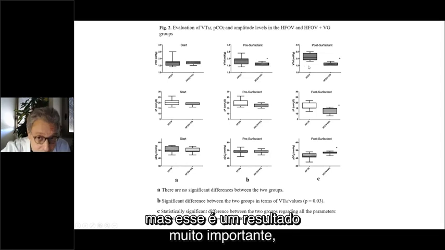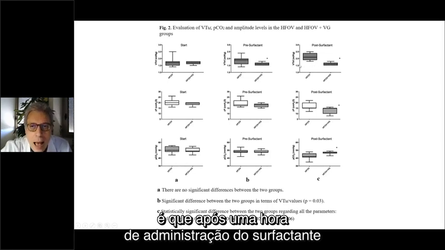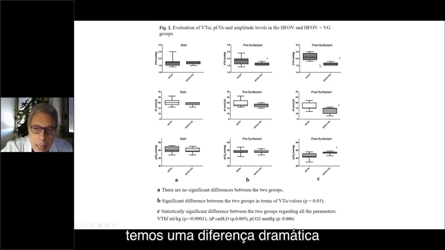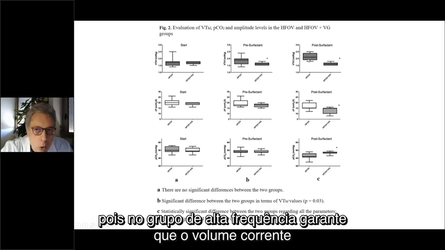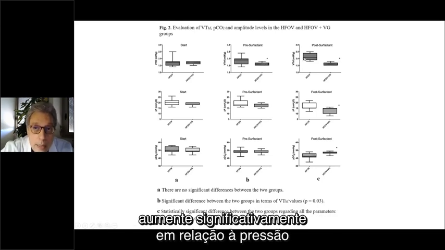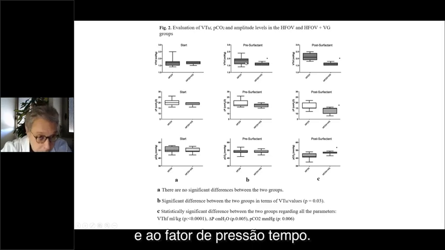But, and this is the very important result, after 1 hour of surfactant administration, we have a dramatic difference in the tidal volume, because in the group of high frequency without volume guarantee, the tidal volume significantly increases with respect to the pre-surfactant time.